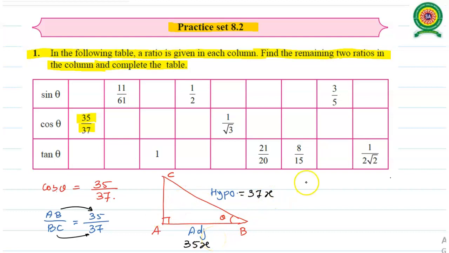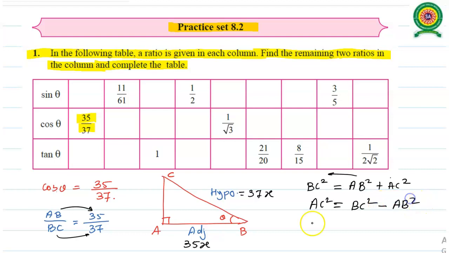Now by the Pythagoras theorem, for any right-angled triangle, hypotenuse square equals side 1 square plus side 2 square. BC² = AB² + AC². Shifting AB² from the RHS to the LHS, AC² = BC² − AB².